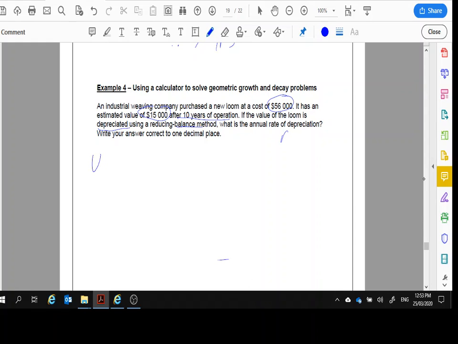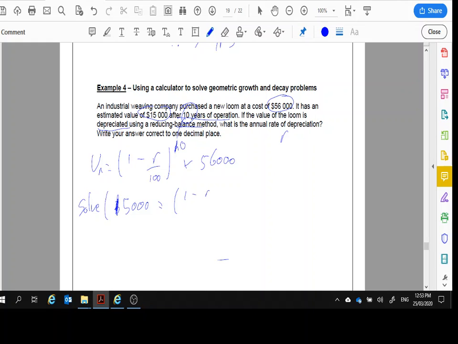Okay, so our V of n is going to be the original 100 minus the rate, we don't know why that's going down, divided by 100, because remember it's a percentage, to the power of n times 56,000. I might as well put this as 10, because after 10 years, we can see the n is 10 years there, and the original is 56,000. And we're solving this, it has to be 15,000 here. That's what it's going to get to.